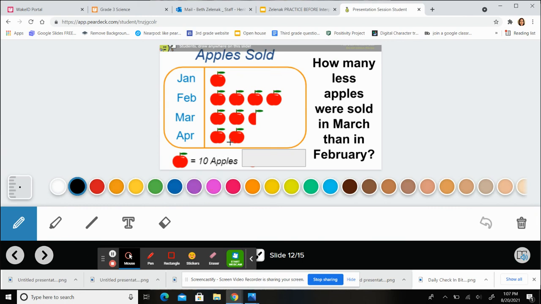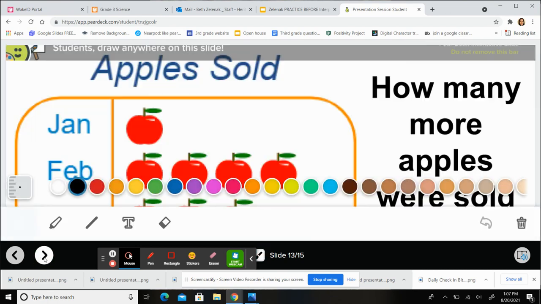And be very careful with picture graphs like this that have halves. You have to think, what is half of 10? So I would count 10, 20, 5. And make sure that you put your numbers next to all of the apples to make your job so much easier. How many less than? I know I have to subtract.